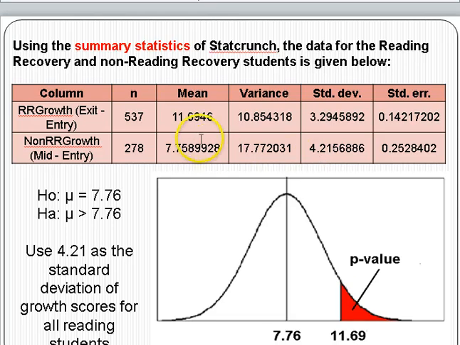Notice that the non-reading recovery students had an average growth of 7.75, so that leads to the hypothesis. The null hypothesis is that the average growth score for all reading recovery students is equal to 7.76 when you round up, versus is it greater? Do we think that reading recovery helps students grow at a larger rate than those who don't use reading recovery? Okay.